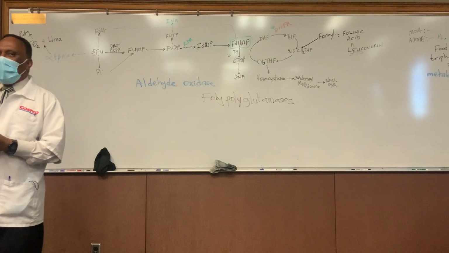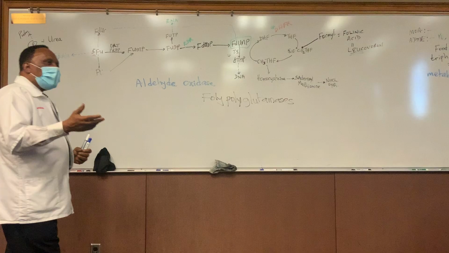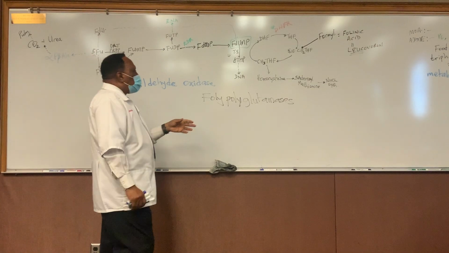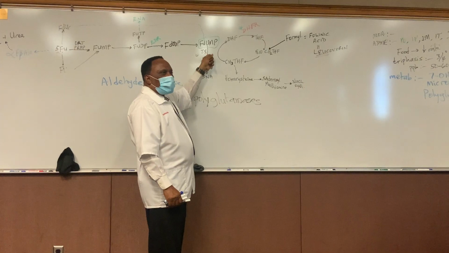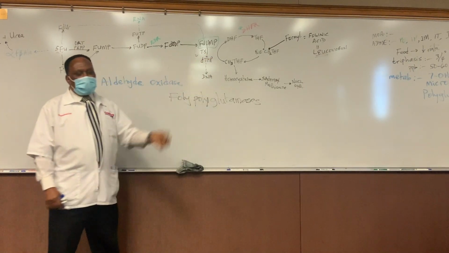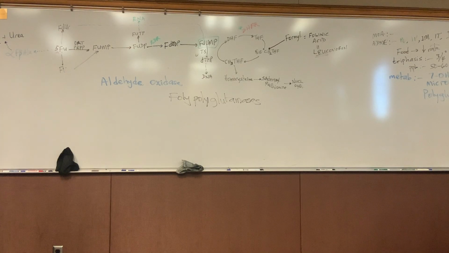The enzyme will give you your methotrexate polyglutamate. And methotrexate polyglutamate is the one that can inhibit thymidylate synthase more so than your dihydrofolate reductase.